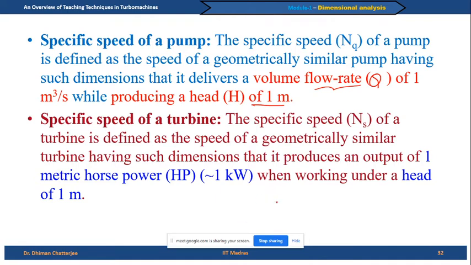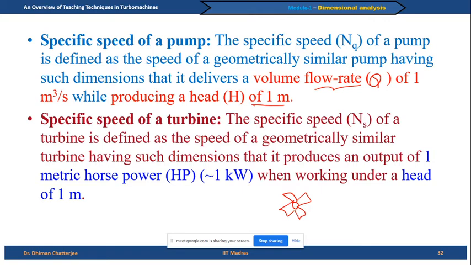So what does this mean? Let us say we are considering a geometrically similar turbine. What do we mean by geometrically similar turbine? Let us say we have installed a big turbine in some hydroelectric power station. Now we want to test the specific speed of that turbine.